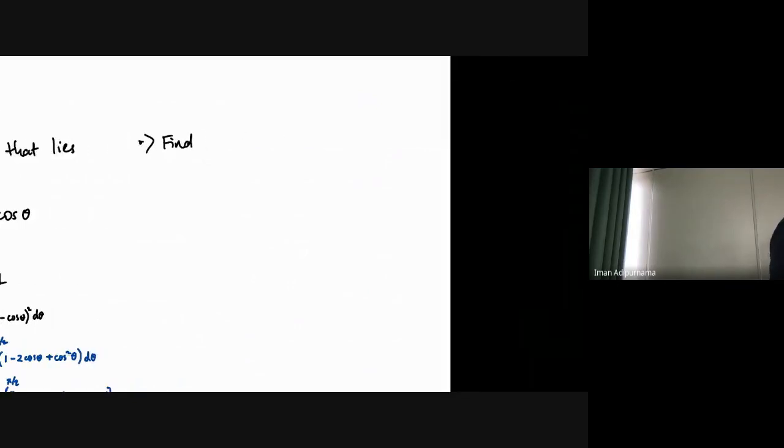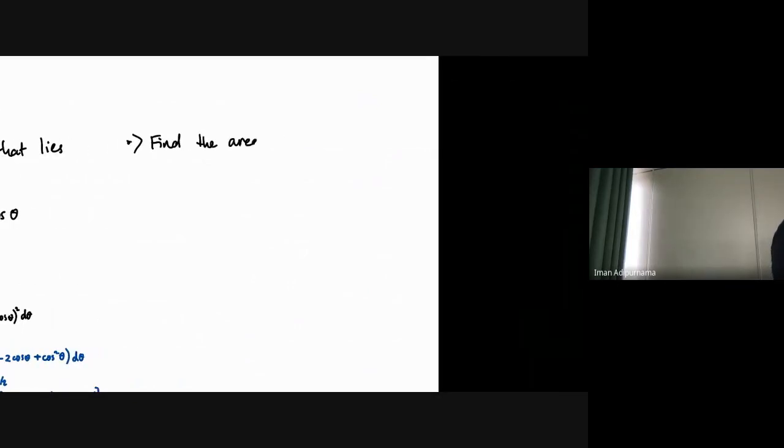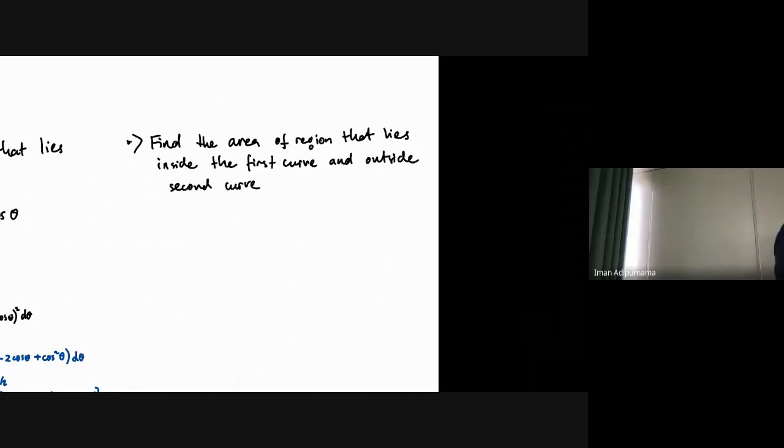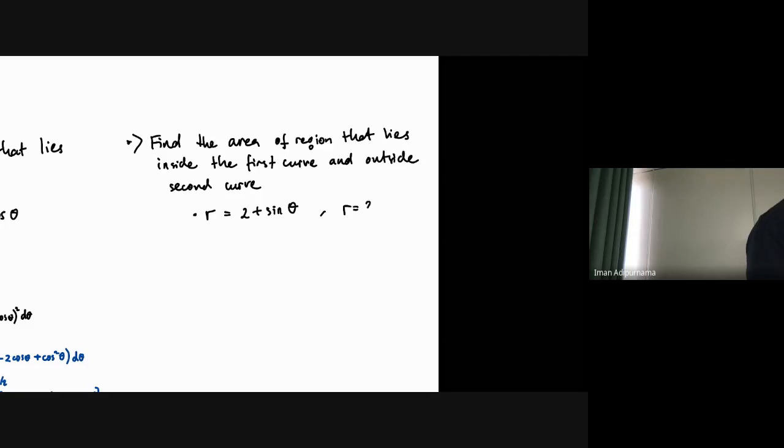So find the area of the region that lies inside the first curve and outside the second curve. Let me write the curves. The first curve is r = 2 + sine theta, and the second is r = 3 sine theta.